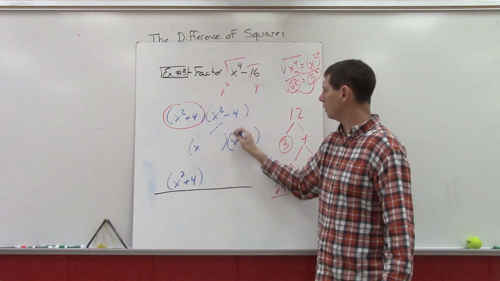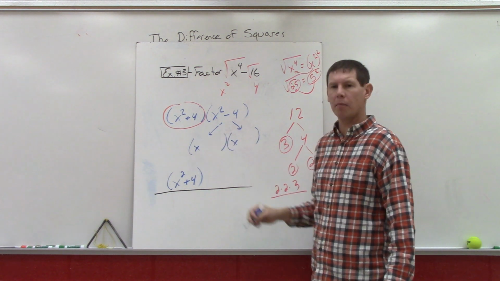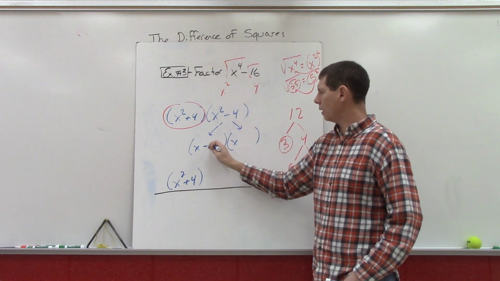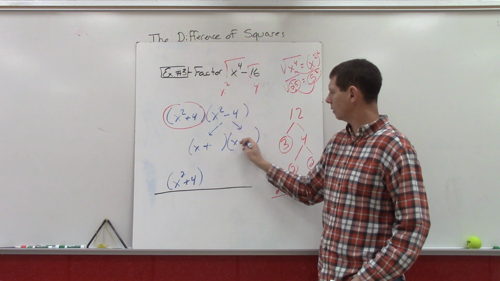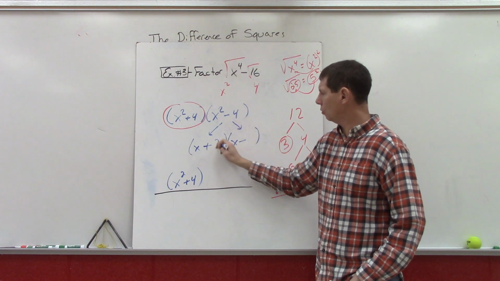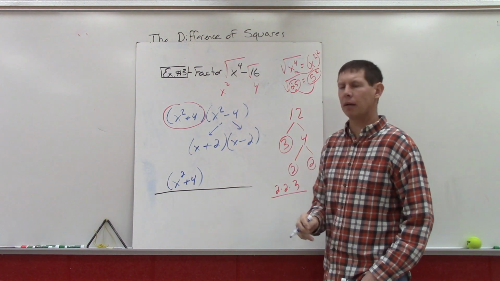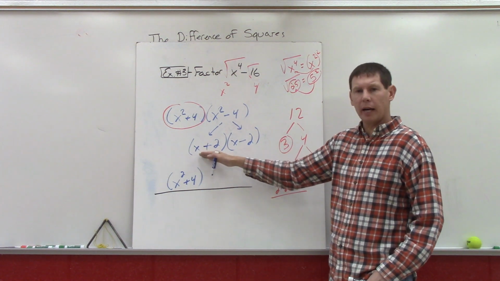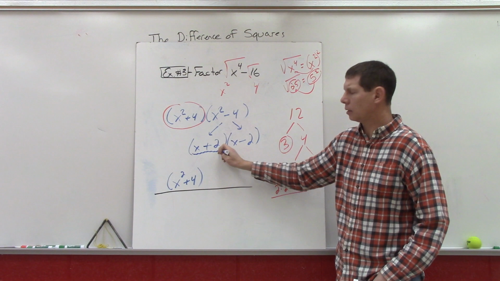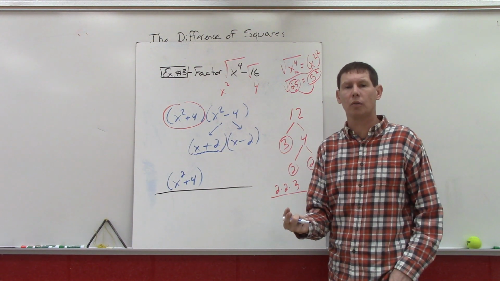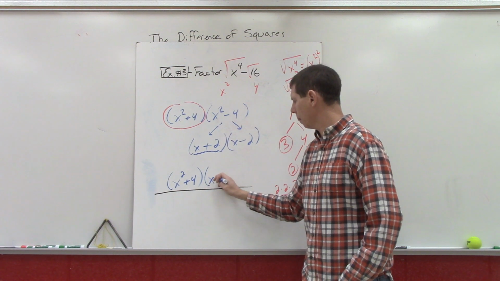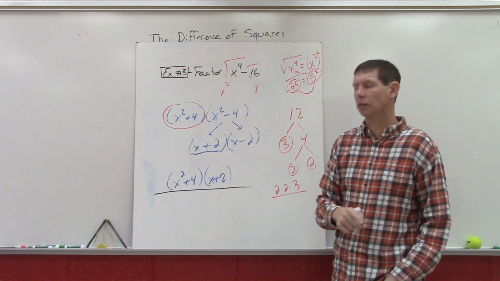Place that in the first and second, the first term of both binomials. One binomial is a plus, one's a minus. The square root of 4 is 2, so our 2 goes in our second, becomes our second term of each binomial. Now we check. Does x plus 2 represent the difference of two squares? No, so we're done. That goes on our answer space.